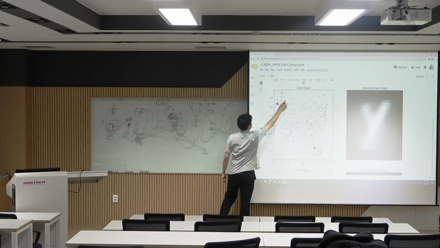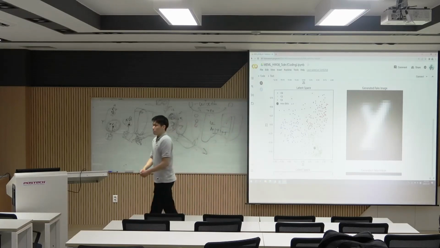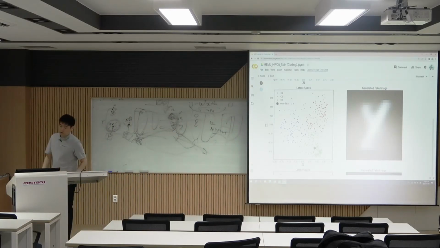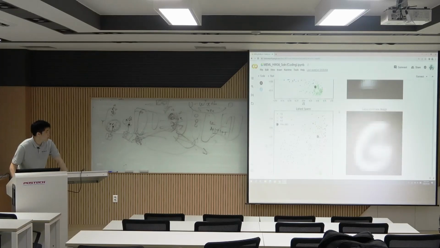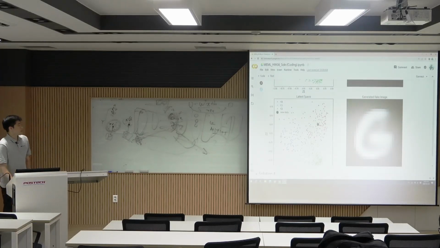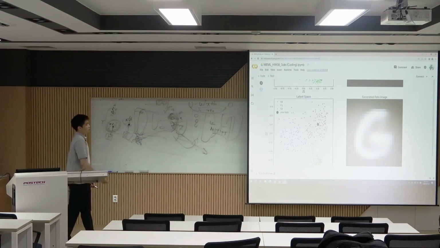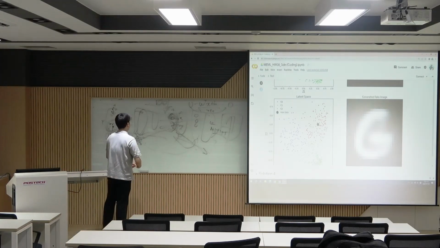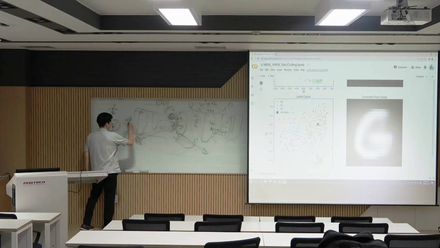The autoencoder does not use any kind of label, so it is unsupervised, and you can give the labels by doing this. And also, after using the centroid, you can say that C2 is equal to G. So you can generate fake images with this autoencoder by selecting a random point on this latent space.